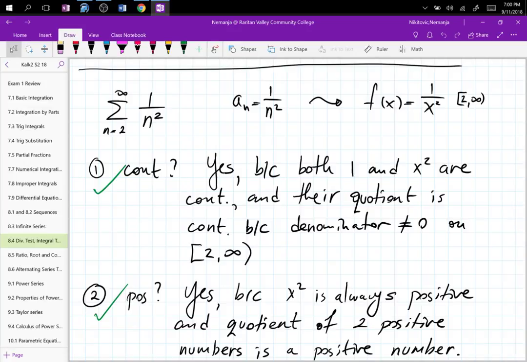And we say yes, because both 1, that's the constant function, and x squared, parabola, are both continuous. That is your blue theorem. And their quotient is continuous.